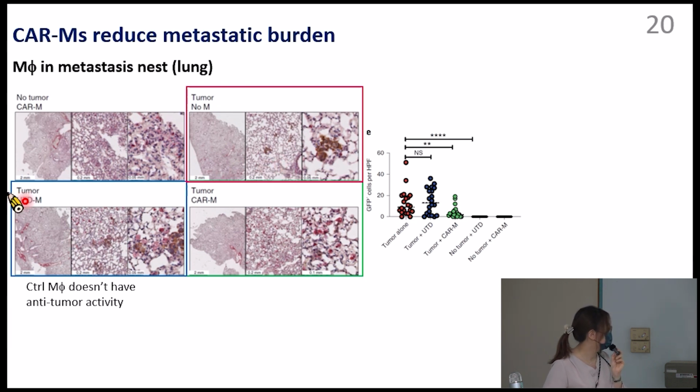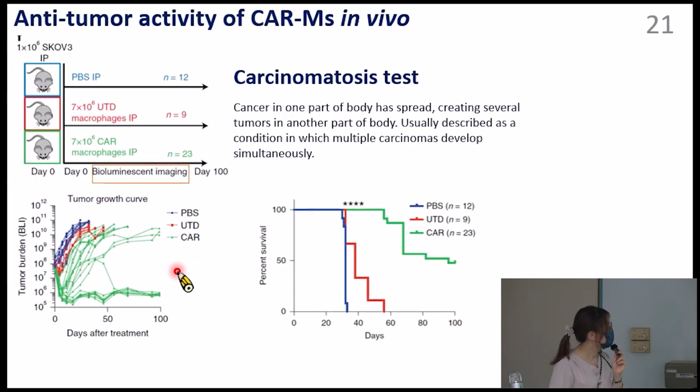Okay, and if they administer the control macrophage, it's okay. The tumor is still there, and also less macrophage in the lung tissue. So here they demonstrate, okay, the CAR-M can reduce metastasis burden because the CAR macrophage can infiltrate to the lung tissue and to eliminate the metastasis tumor cell.